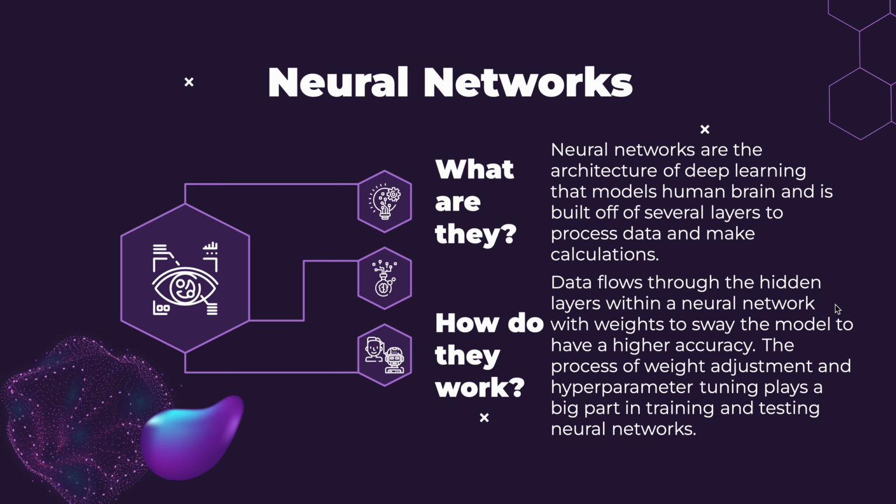Okay. Neural networks. So, what are they? Neural networks are the architecture of deep learning that models the human brain and is built off several layers to process data and make calculations. In our brains, we have neurons, and essentially, they're connected through a string of, if we could call it, wires, or signals.